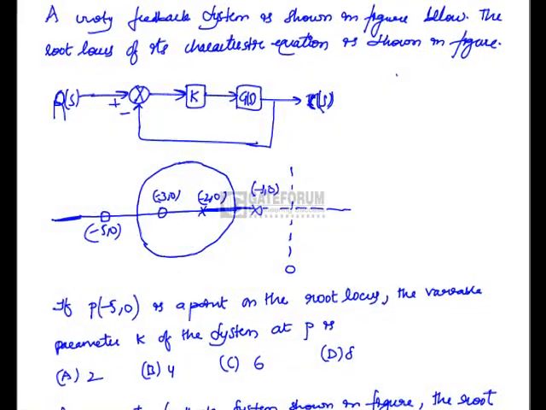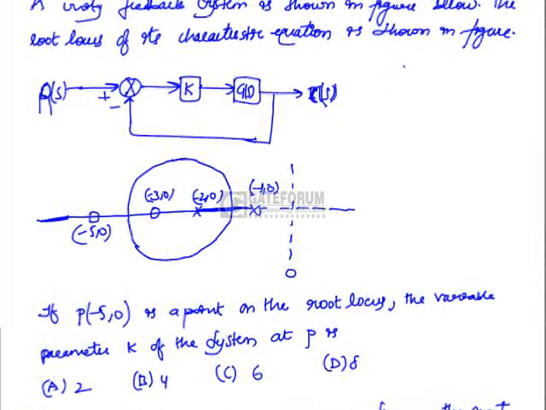A feedback system is shown in the figure, and the root locus of its characteristic equation is drawn like this. Here the first question is, if the point P, minus 5 comma 0, is a point on the root locus, the variable parameter k of the system at point P is. See here, there are two poles and one zero in this root locus.